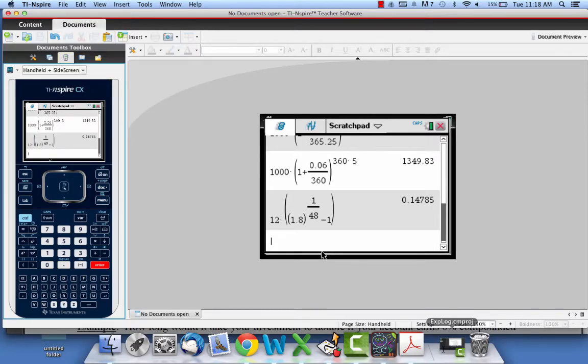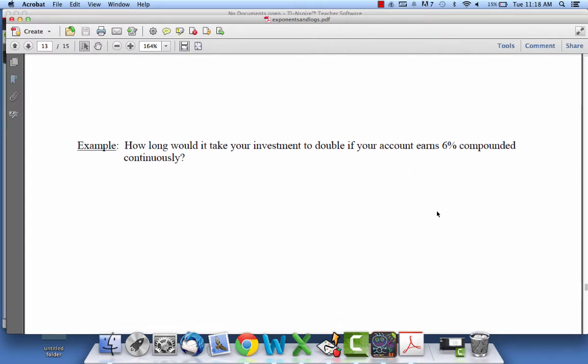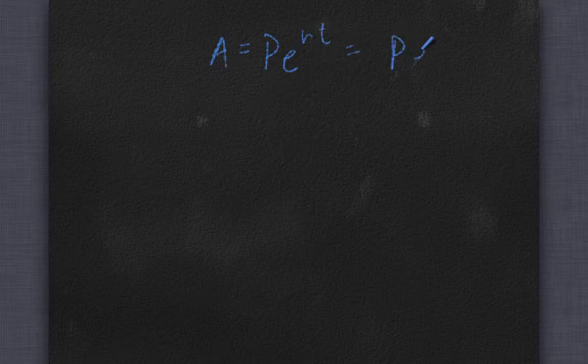Okay, how long would it take your investment to double if your account earns 6% compounded continuously? So it doesn't really matter what the investment is to ask this question. It's compounded continuously, so we have A equals P e to the RT.